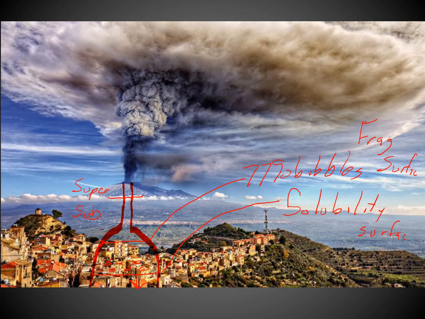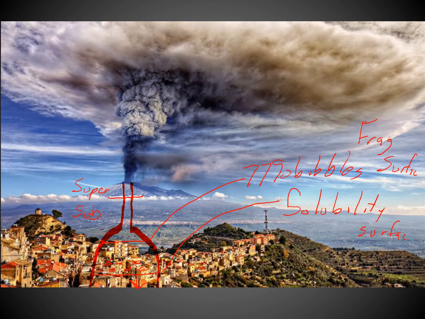So somewhere between 600 and 700 miles an hour. It's really fast. So stuff's coming out faster than a jet engine. So it's getting blasted out of the vent of the volcano at rapid speeds.